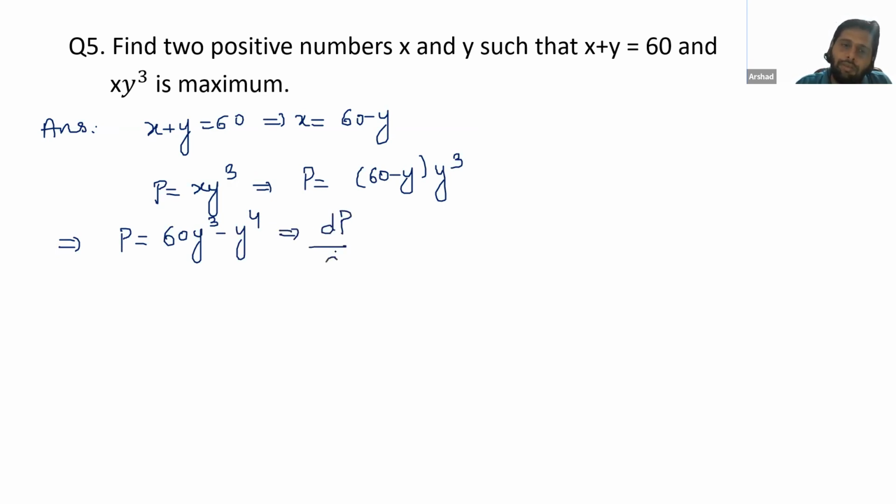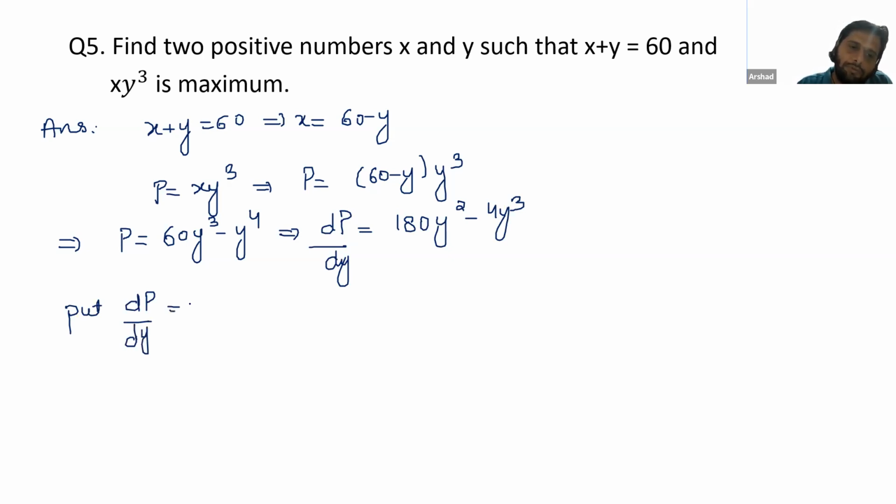Find dP by dy. So this is equal to 180 y square minus 4 y cube. Then put dP by dy is equal to 0. So what you will get here: 180 y square minus 4 y cube is equal to 0. Now take out common. What you can take out common: 4 y square.